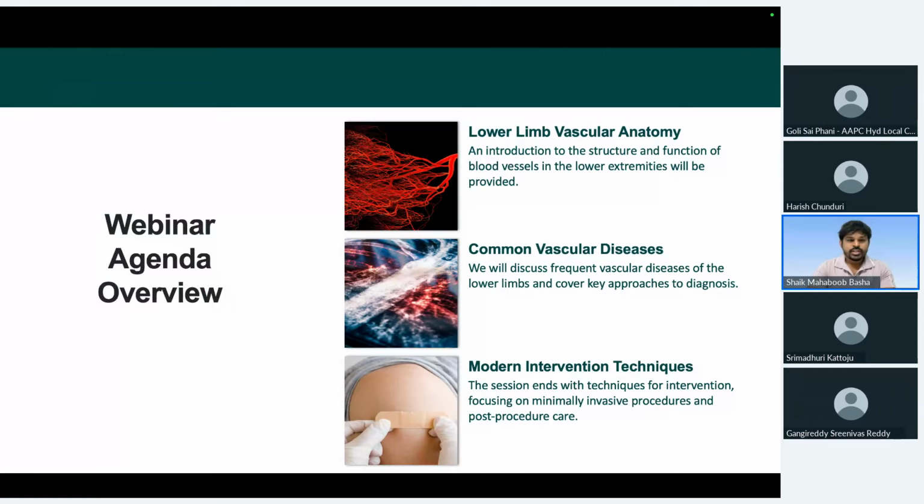On the agenda of today's webinar, we are going to discuss the vascular anatomy of the lower limb, an introduction to the structure and function of blood vessels in the lower extremities, which will be provided in detail. We will also discuss the common vascular diseases that may lead to different types of intervention, and modern intervention techniques: how we can differentiate these techniques, and what the benefits are compared to open surgeries.